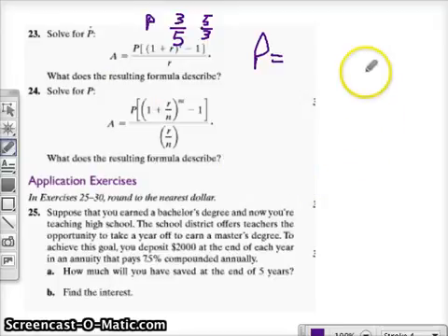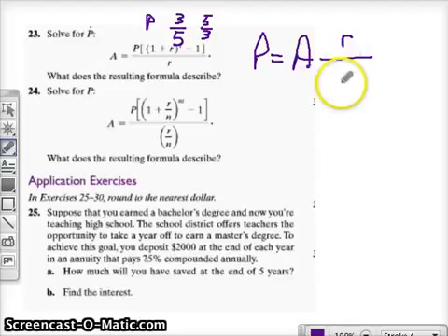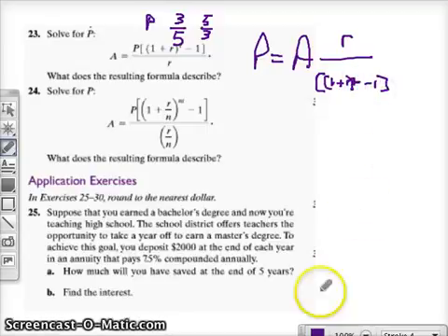So let's just multiply the A by r over (1 plus r) to the t minus 1. Okay, you're good. That's fine. That's all you've got to do on that.